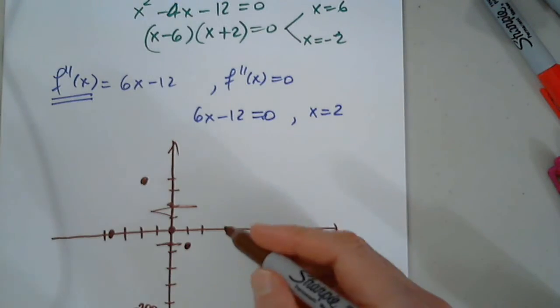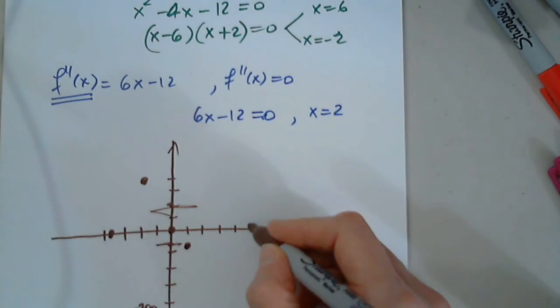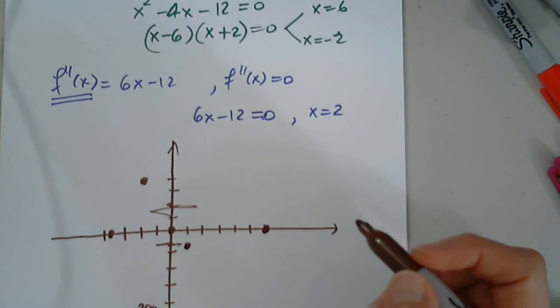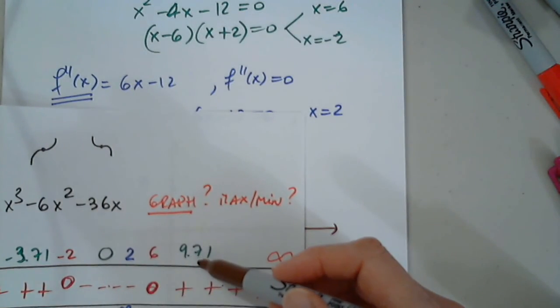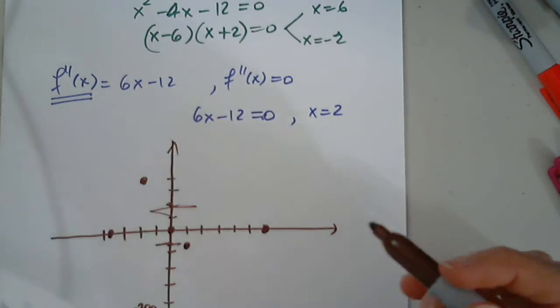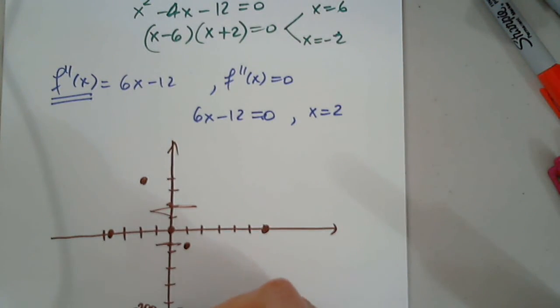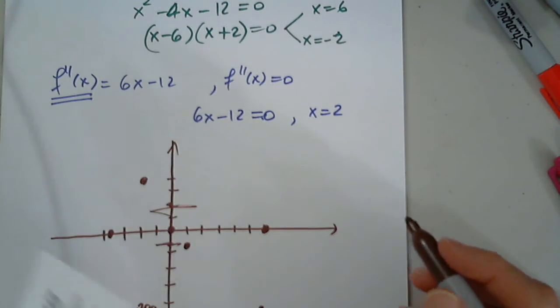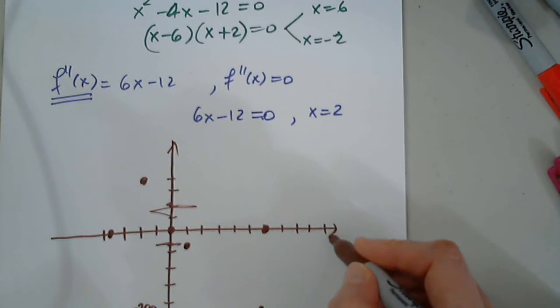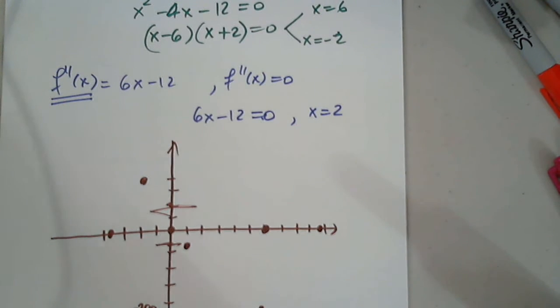And 6 comma 0. Sorry, 6 comma negative 216, right here. I will delete that. 6, 7, 8, 9, 10, right here. Okay. So let me make that correction.